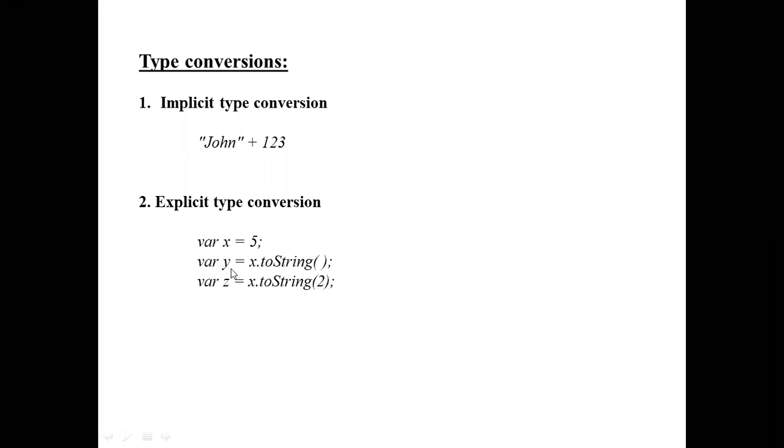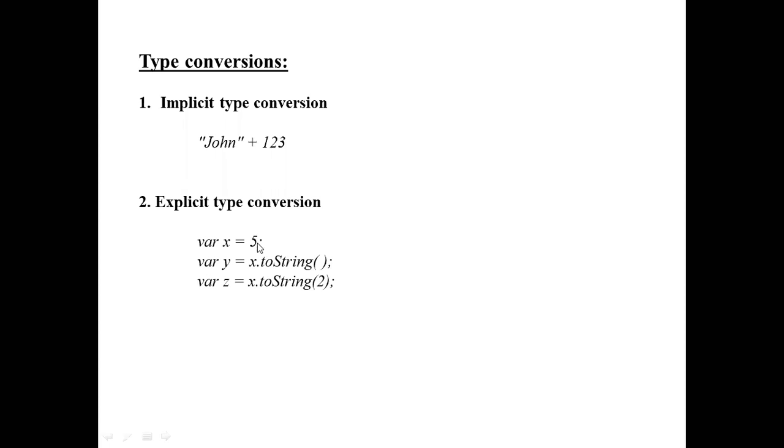So the value of y is 5 and the value of z is, what is the base 2 value of 5? That is 0101, that is 101. So this is explicit type conversion. This type conversion is done by the programmer. Here variable x = 5.